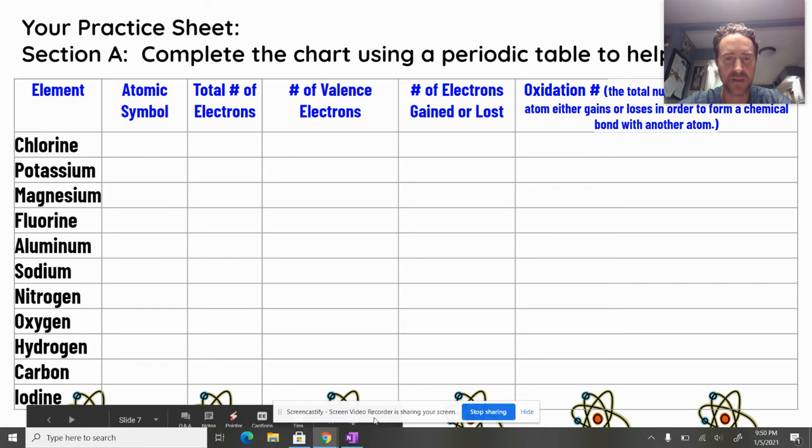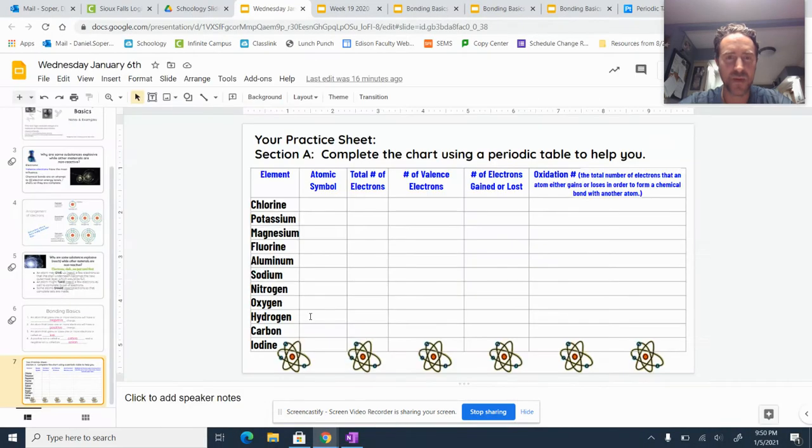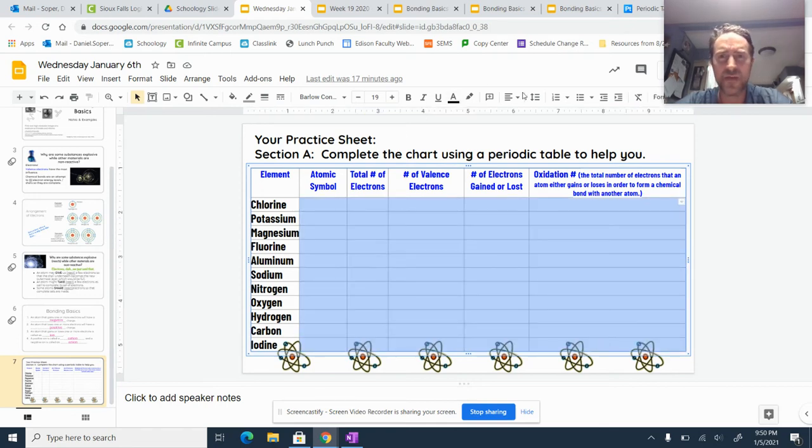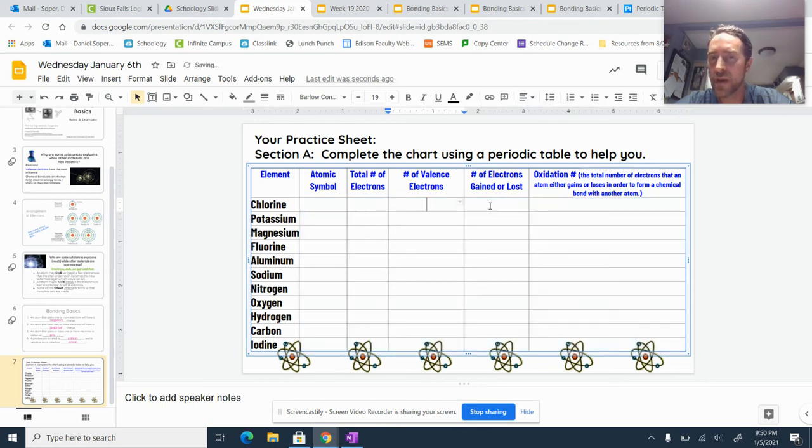What you're going to do is fill in all of these elements and how many electrons they have, how many valence electrons they have. Remember, this is the most important thing, valence electrons. So let's find out how many valence electrons they have, and what are they going to do? Are they going to gain them, or are they going to lose them? Let's do a couple of examples together.